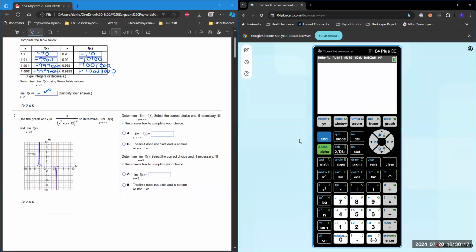Let's go ahead and look here now at the graph and determine what's going on with the limit as we approach 4. From the left, we're going to positive infinity, and from the right, we're also going to positive infinity.